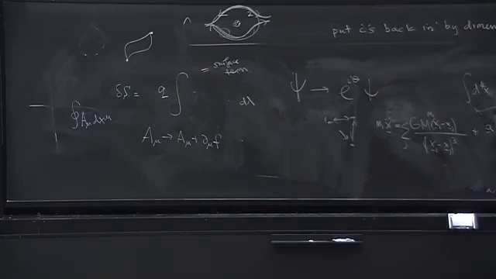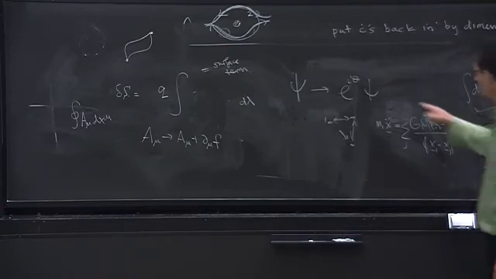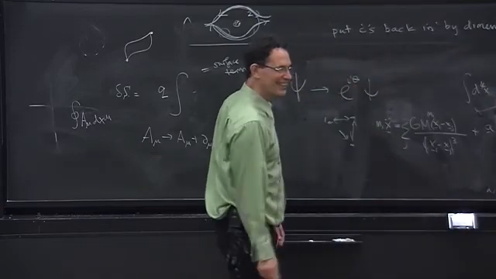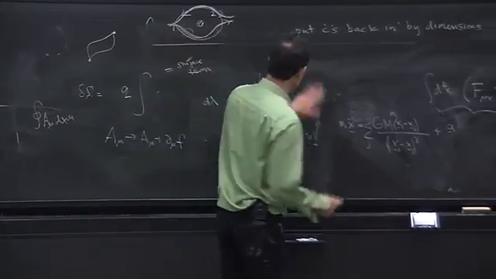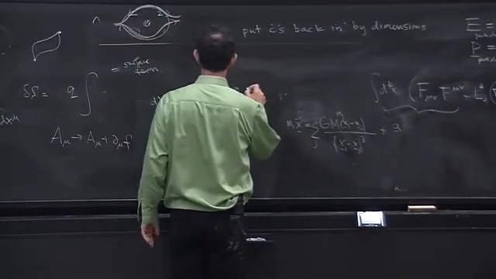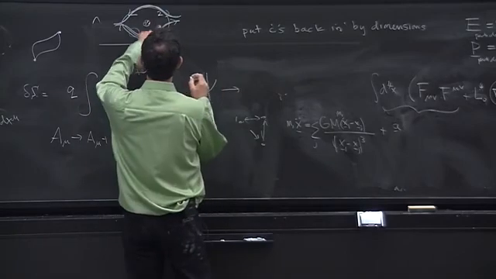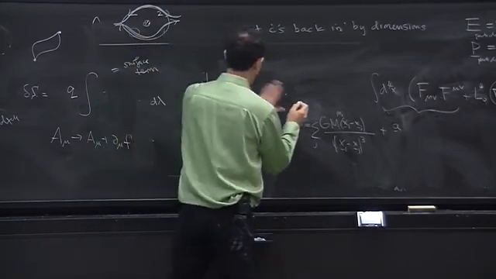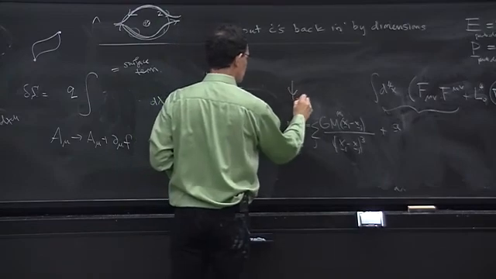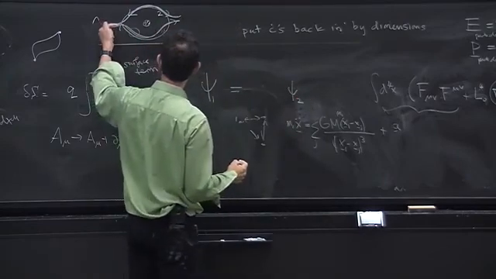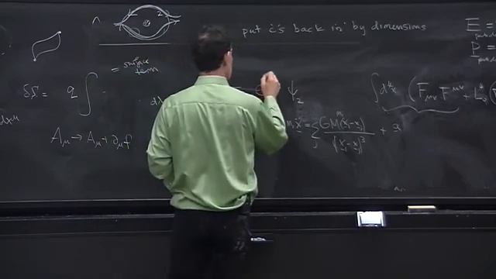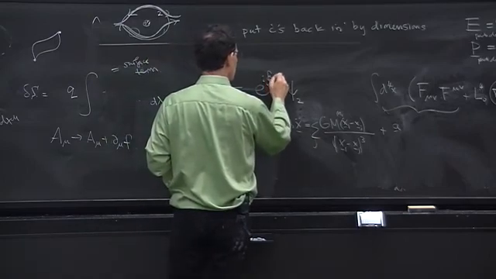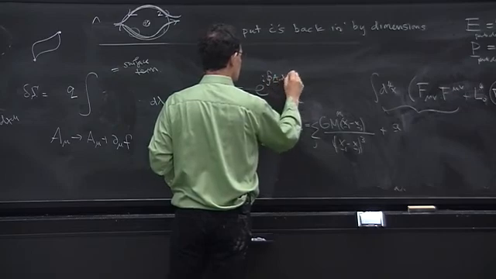Does that change the trajectory of the particles? No, nothing. It changes the phase of the wave function. Okay. So the particle going below: in fact, psi 1, the wave function going this way, equals the wave function going that way times this phase, the integral of A dot dx.